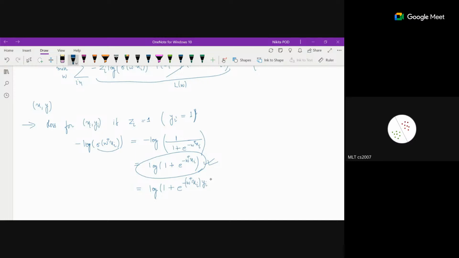Now, if my zi is equal to 1, then my yi should be 1. So if we add this yi in this term, we have log of 1 plus e to the power minus yi times w transpose xi. It won't make any difference because yi is just 1 when zi is equal to 1.